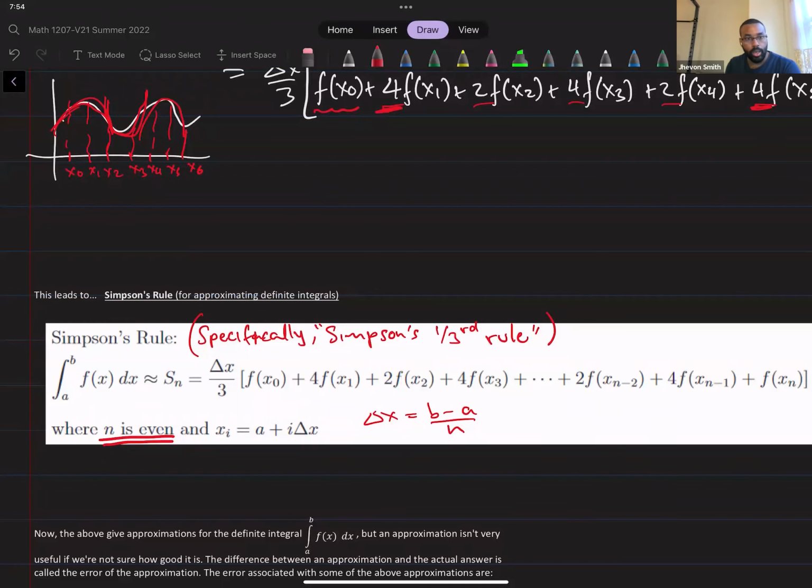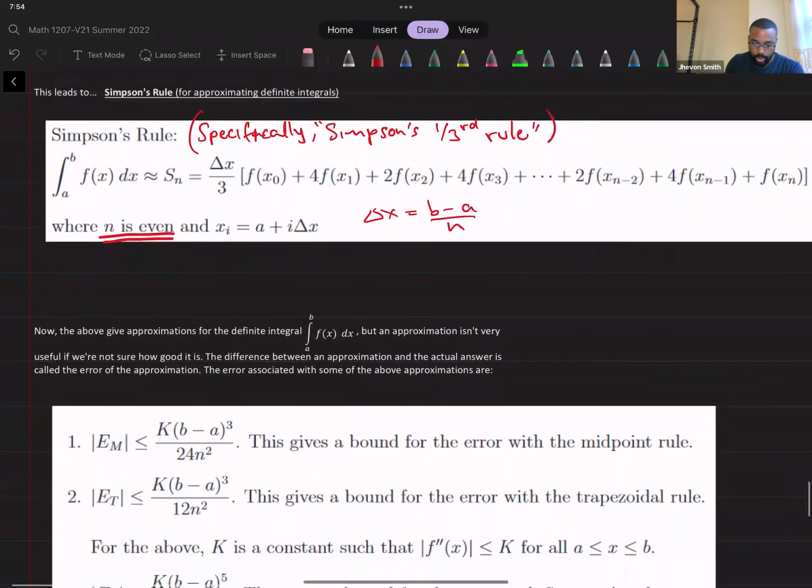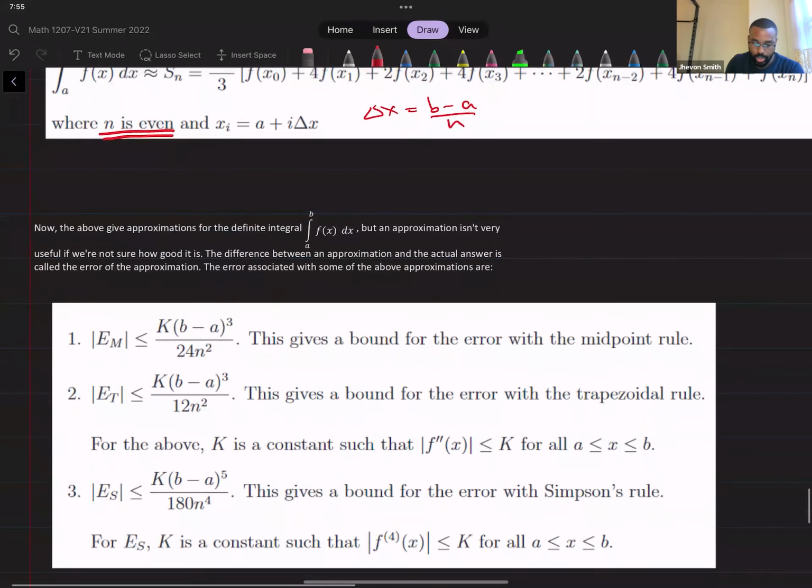So that's that. Now, because you're doing an approximation, it's not just that you do an approximation and you're good. You would always want to know how good the approximation is. So there are some formulas that we can use to figure out the error term for one of these approximations. In other words, it tells us how far off from the real answer we would be if we use one of these approximations.